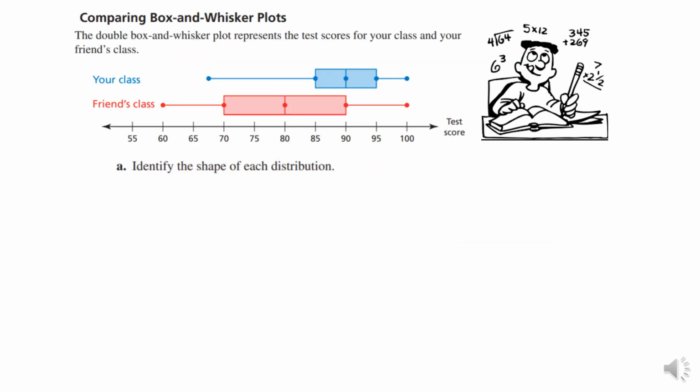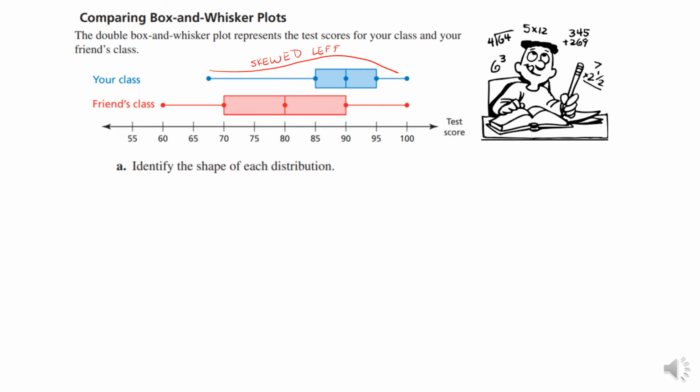Okay, so now we're going to compare box and whisker plots. And this is really common for them to give you 2 different box and whisker plots to compare. So the first thing they want you to do is identify the shape. So I'm looking at this one, and it has a much longer whisker here. So I'd say my class is skewed left.